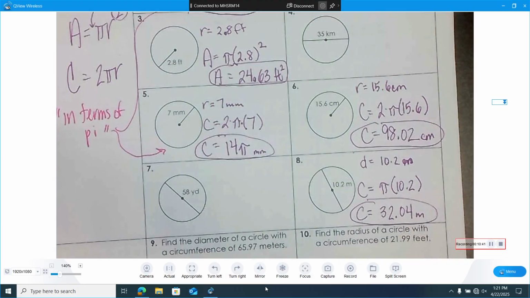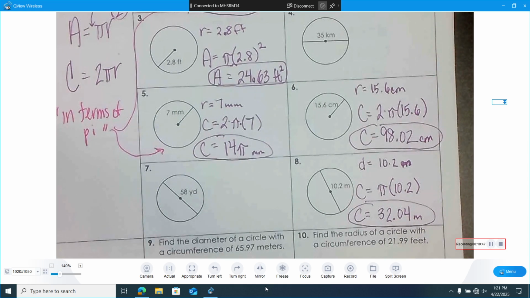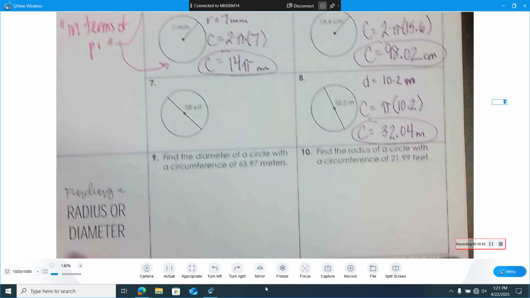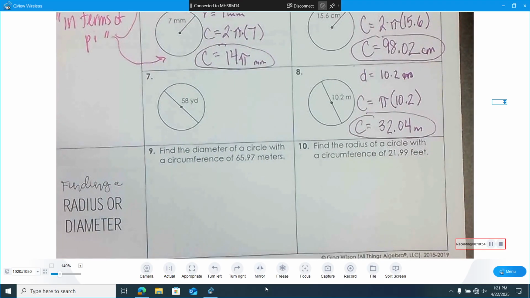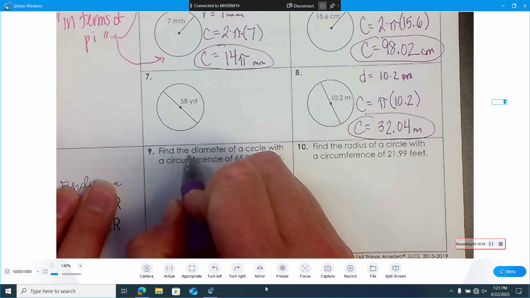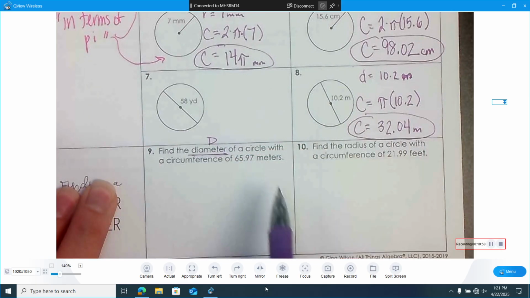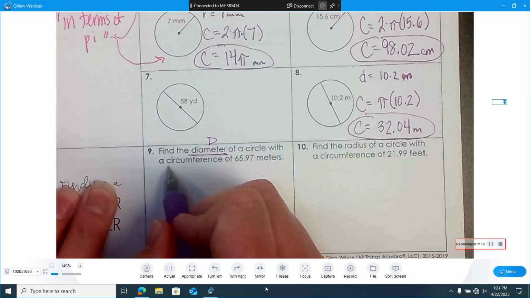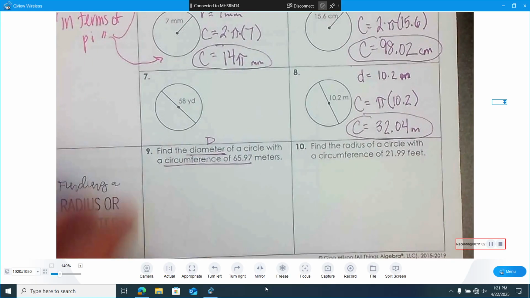Okay? So your homework starts just figuring out circumference and area. That's easy. Very easy. Excellent. So now we make it a little bit harder. Let's look at number 9. So it says we want to find the diameter of a circle with a circumference of 65.97 meters.